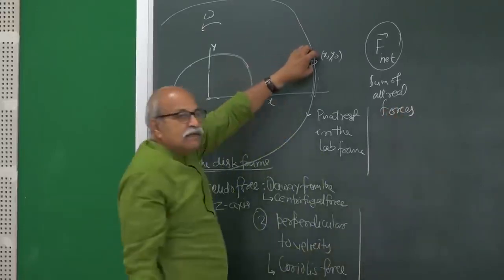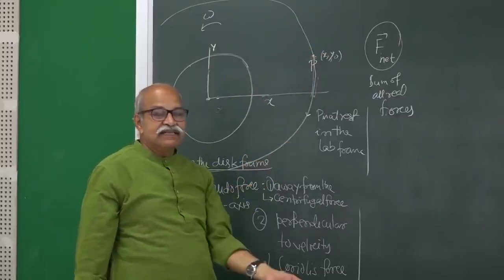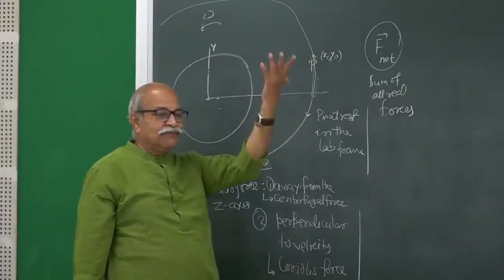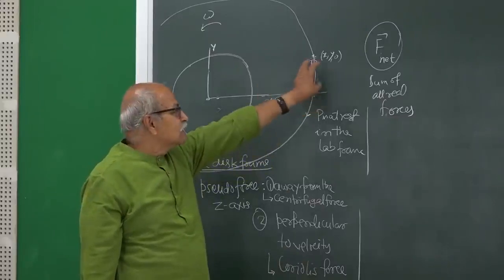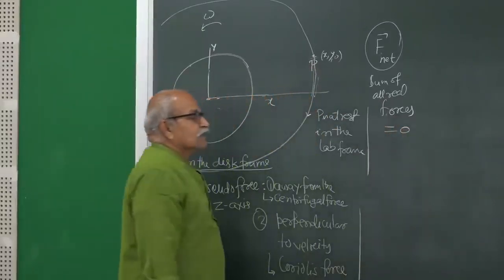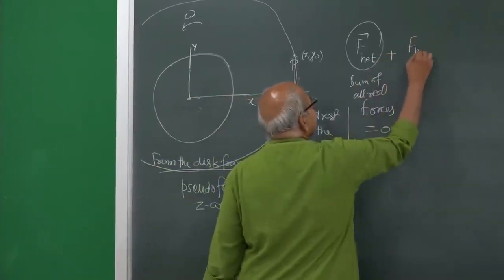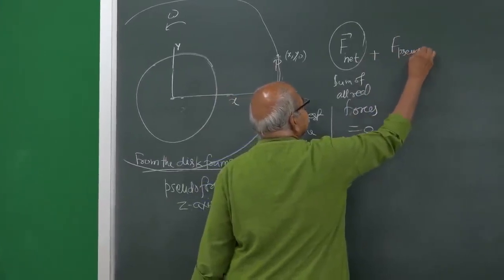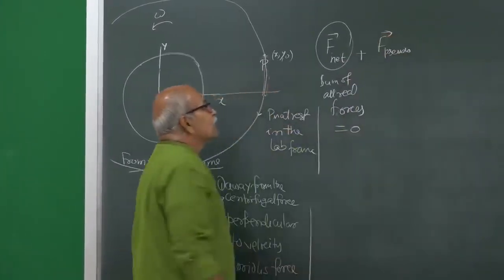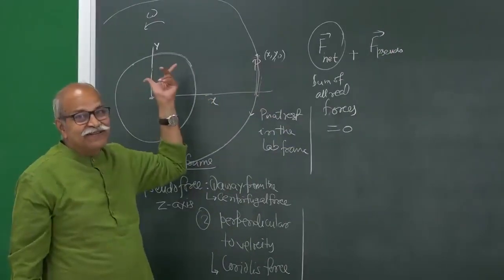This object may be placed on a table, so the gravity mg and the normal force add to 0. But then I have to supply pseudo forces so that you have this acceleration using Newton's second law.